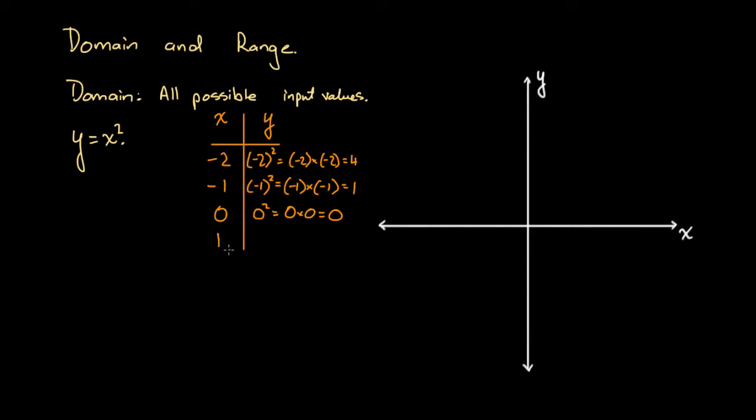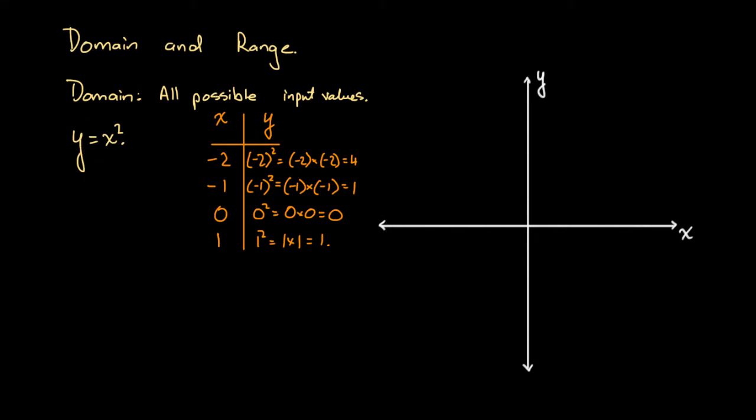Let's do one more. Let's examine what happens when x equals 1. At x equals 1, y equals 1 squared, and that equals 1 times 1, and that equals 1. So again, we've got a valid y value here for x equals 1, so 1 is part of the domain. In fact, if you were to substitute any x value that is part of the real number line, that is to say, any x value defined on this x-axis, you would get a valid y value.